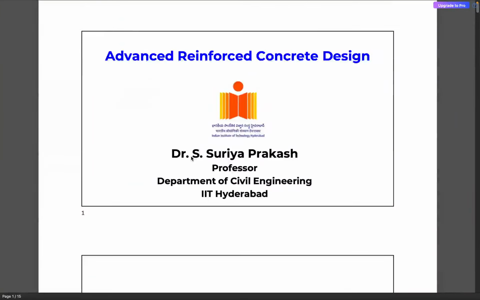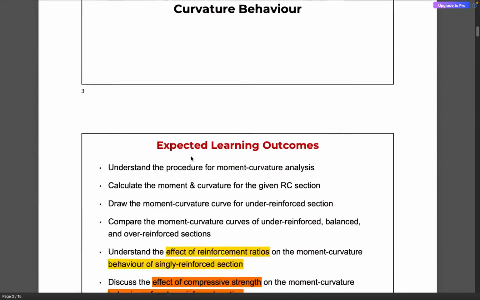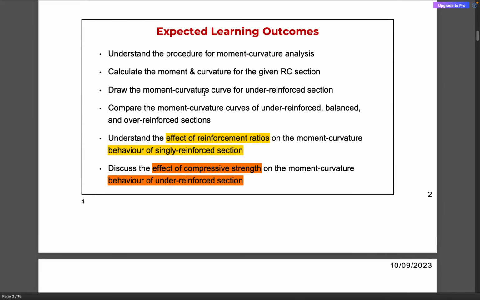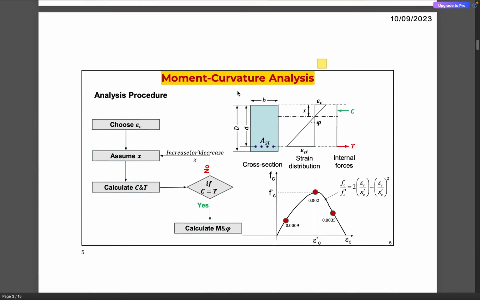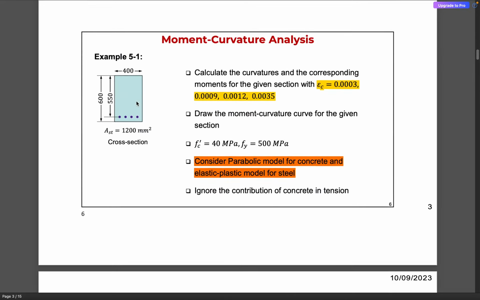And in the second part, again, it is just the moment curvature analysis for different types of cross sections. So again, we are going to be looking into this analysis procedure once again. In example 1, we considered a heavily under reinforced section.